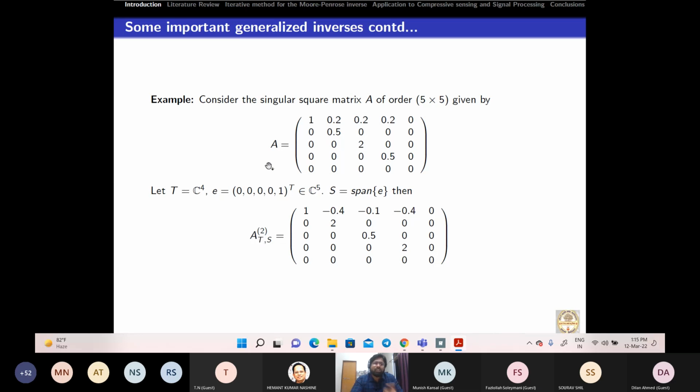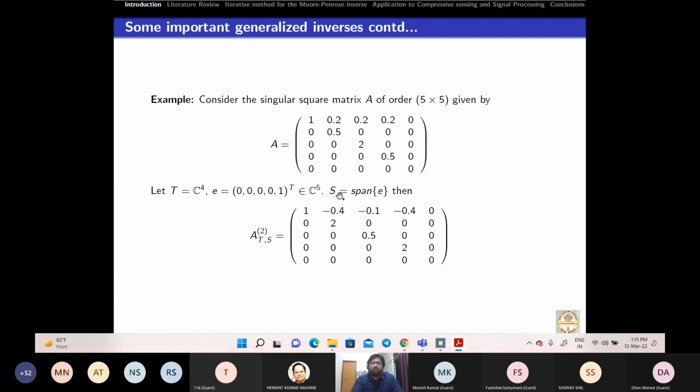If you compute the range of that A_{T,S}, it will come out to be C4, and if you compute its null space, it will come out to be S. So this is one of the simplest examples. This will satisfy the equation XAX equal to X, where X is A_{T,S}, and its range will be T, and its null space will be S.